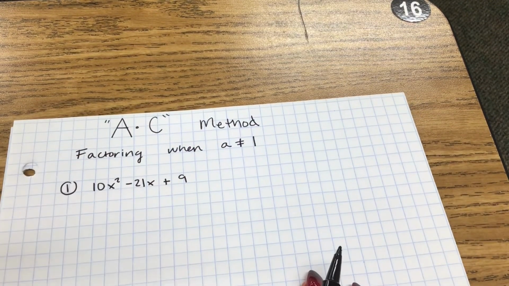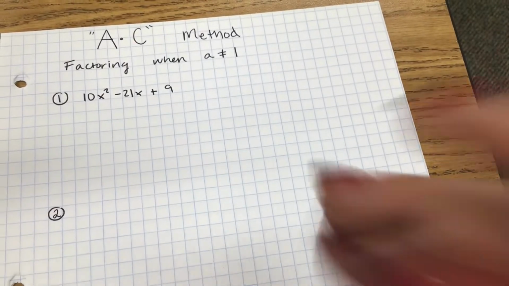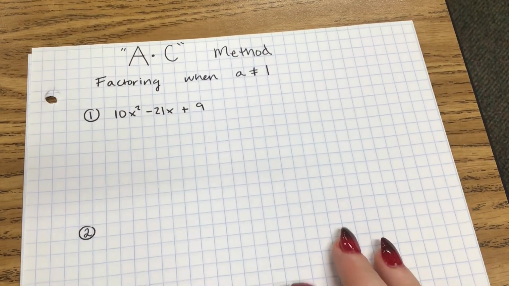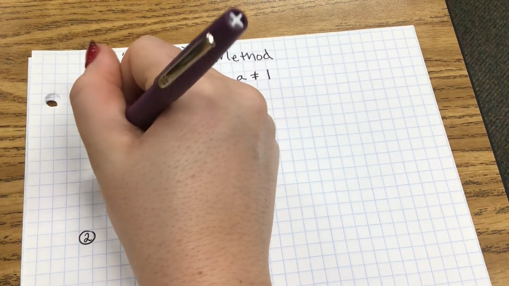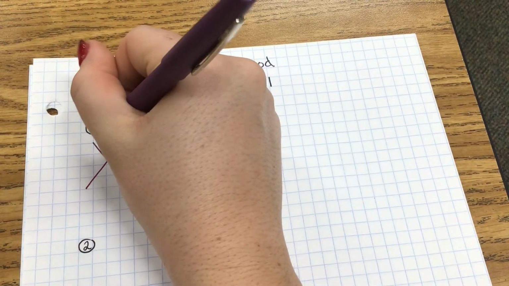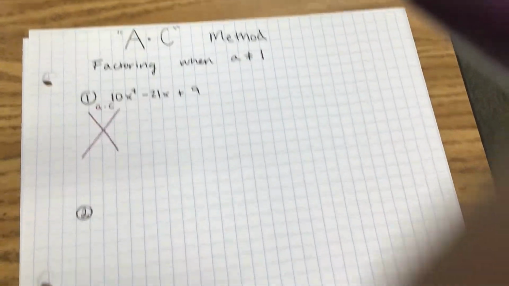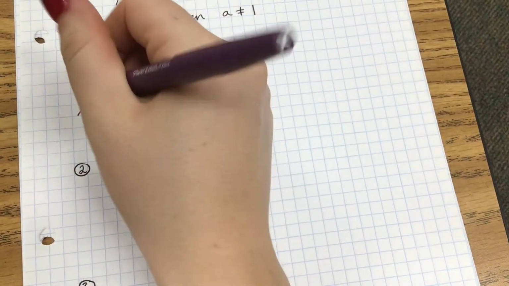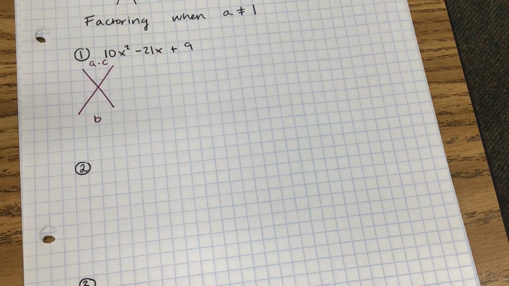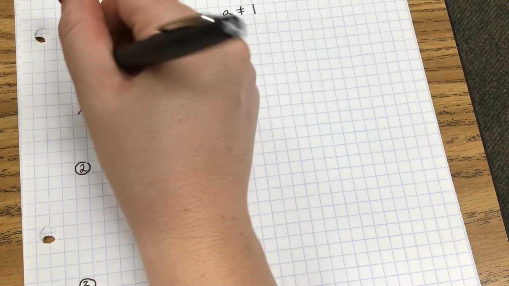So instead, we're going to do something called the AC method. What the AC method is, you're going to do a diamond problem that we're used to, but instead of putting A on top, you're going to be putting A times C on top, and the B value will still be on the bottom. So in this case, I would be putting 10 times 9 on top, which would be 90.